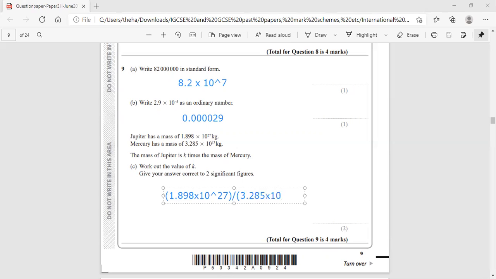So what you should get is, that equals 5,800 times bigger. So Jupiter is 5,800 times bigger than Mercury. Okay, so let's move on to the next question now.